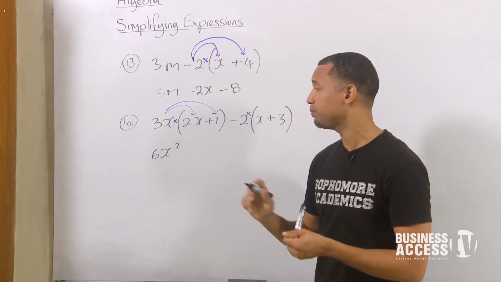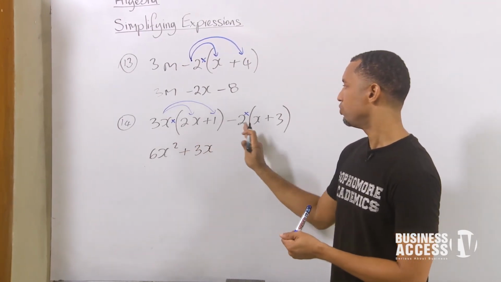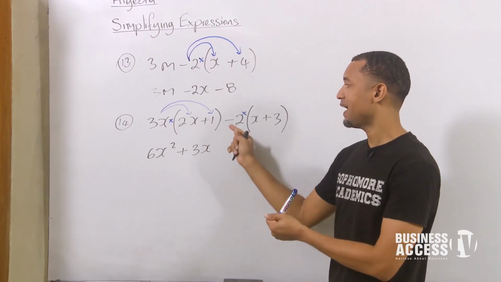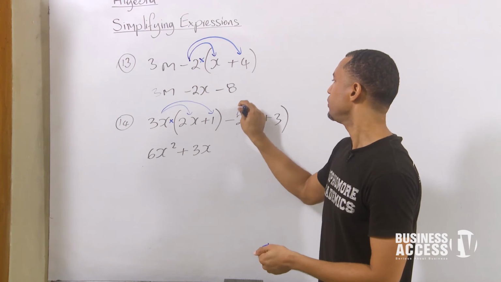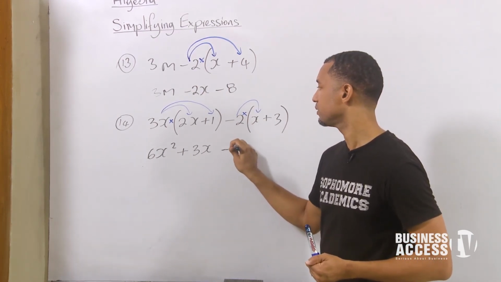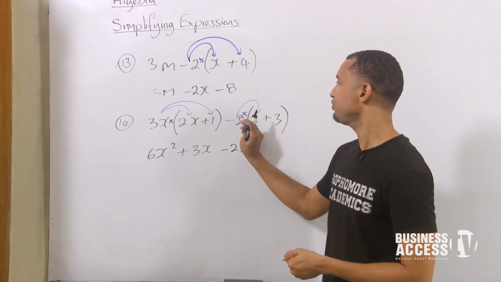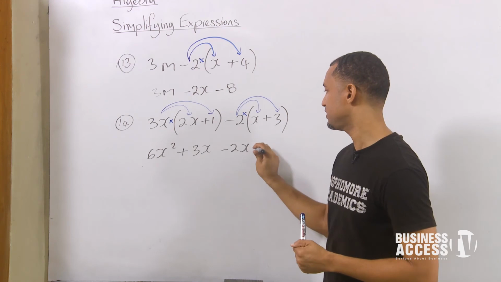What is 3x multiplied by 1? 3x. Now, right here, let's multiply right here. Guys, this is a negative 2. Negative 2 multiplying with x is going to give you negative 2x. And negative 2 multiplying with 3 is going to give you negative 6.